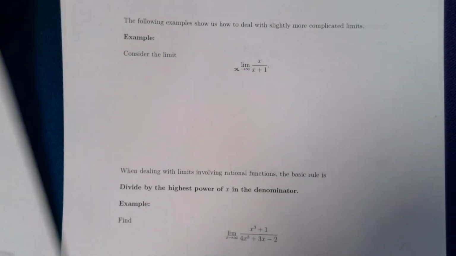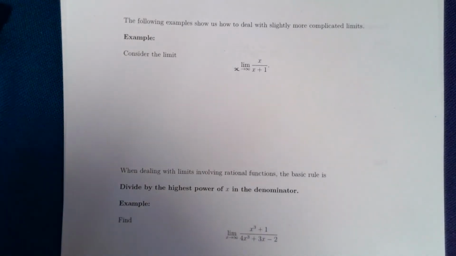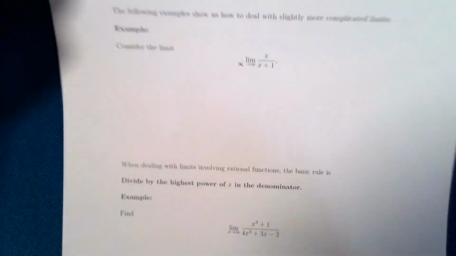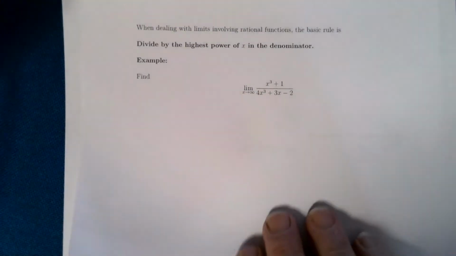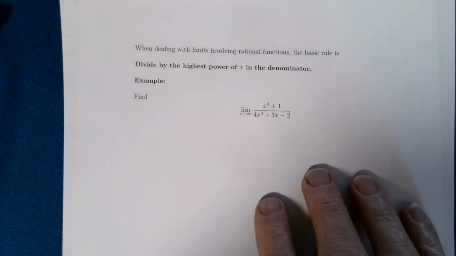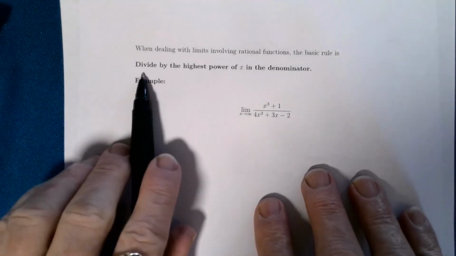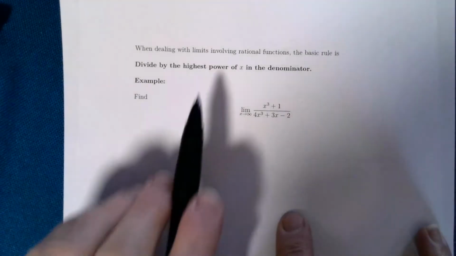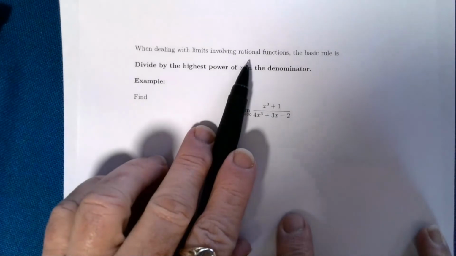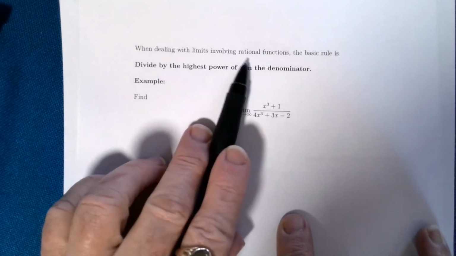So let me do a slightly harder example here. And actually, before we do that, let me just summarize what we've just done there. So we're going to use the following basic rubric here, and that is when dealing with limits involving rational functions, that is polynomials over polynomials, or a bit later we'll see anything involving polynomials.